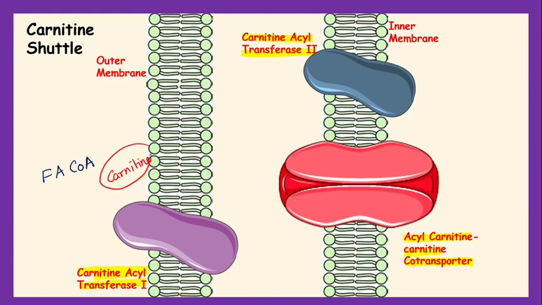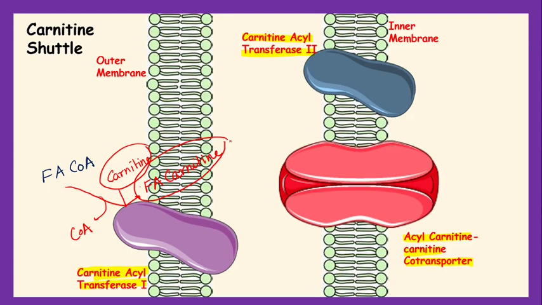This fatty acyl-CoA and carnitine together form fatty acyl carnitine, and a CoA is released by the help of the enzyme carnitine acyl transferase. That means the acyl group from CoA is transferred to the carnitine.